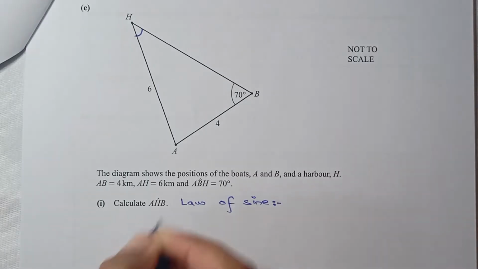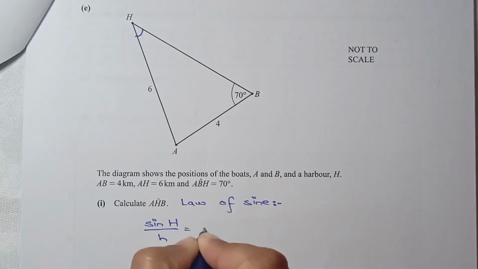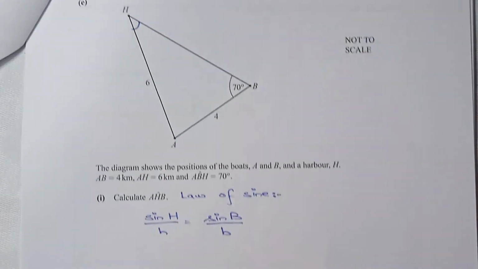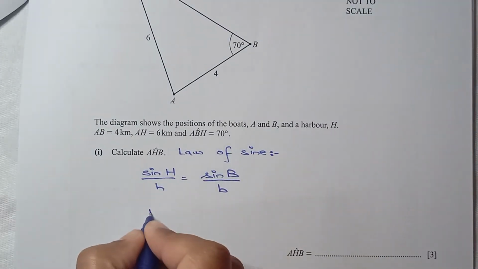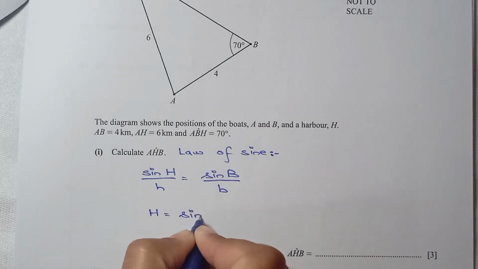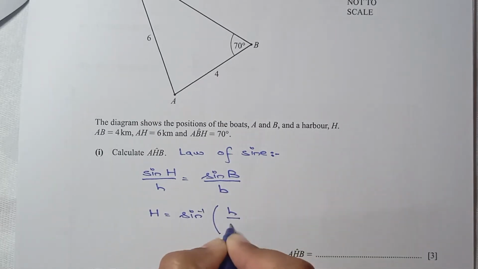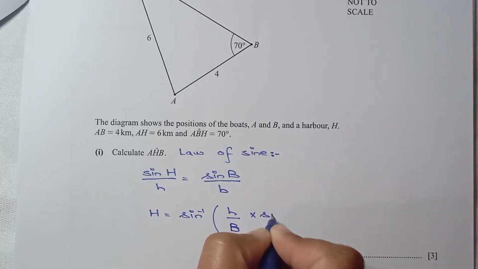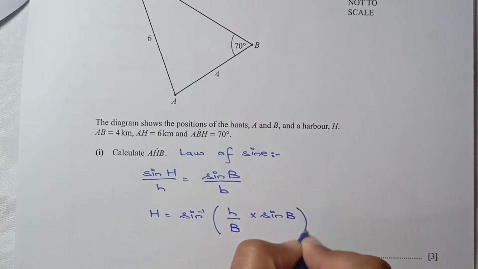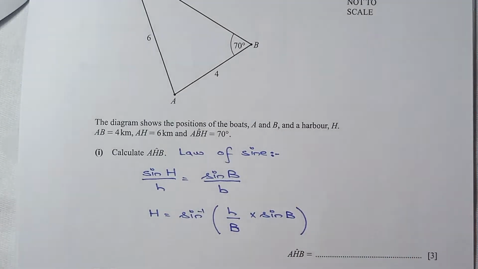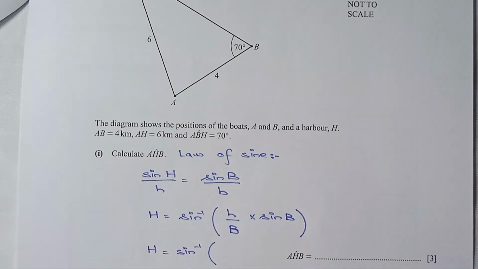Okay, so we can say that sine H over the side H would be equal to sine B over the side B, right? And what would be the angle H? Angle H would be equal to sine inverse of H over B, the side B, sorry, this is the small b, times sine B. Now if I substitute all the values, we will get the angle H, that is sine inverse of, what is H and B?